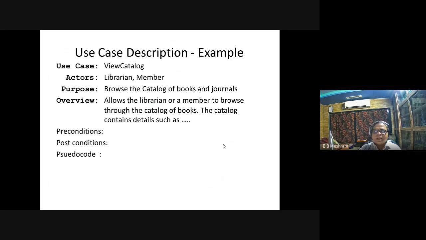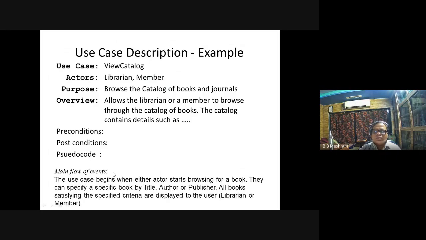Use case description example. So, here you can write use case name, actors, purpose, overview, precondition, post condition, and you can write pseudocode. So, the use case begins when either actor starts browsing for a book.